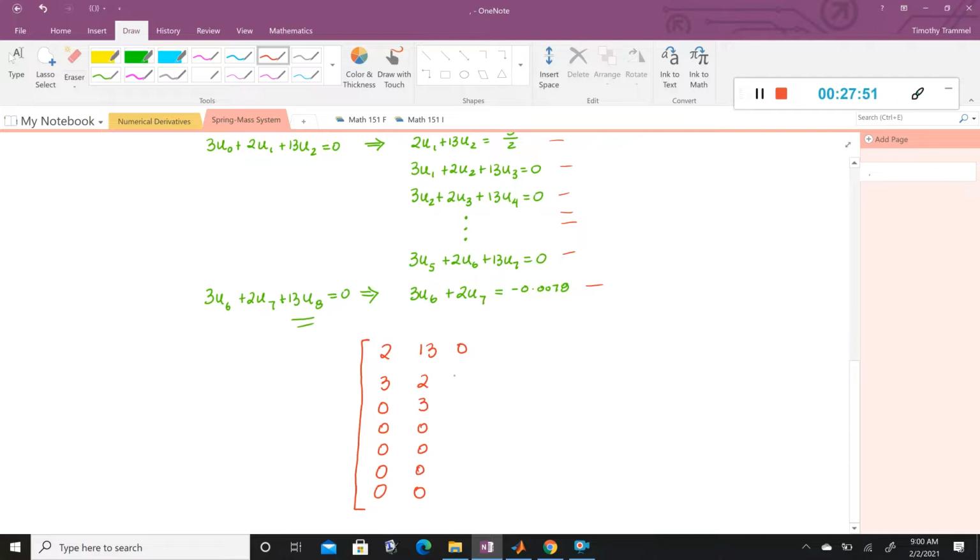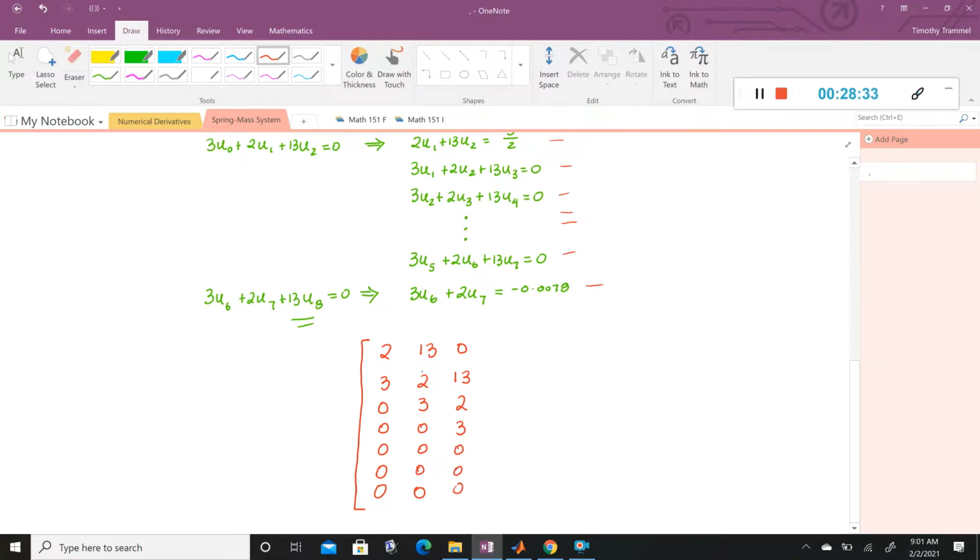In our next one, we have a 13, and then our next u3 is a 2. Then the next one I said would be a 13, but let me fix that. Looking down at the next line that I haven't written, I would have had a 3, u3 to start it off. So the next one should be a 3, and then all zeros below that.